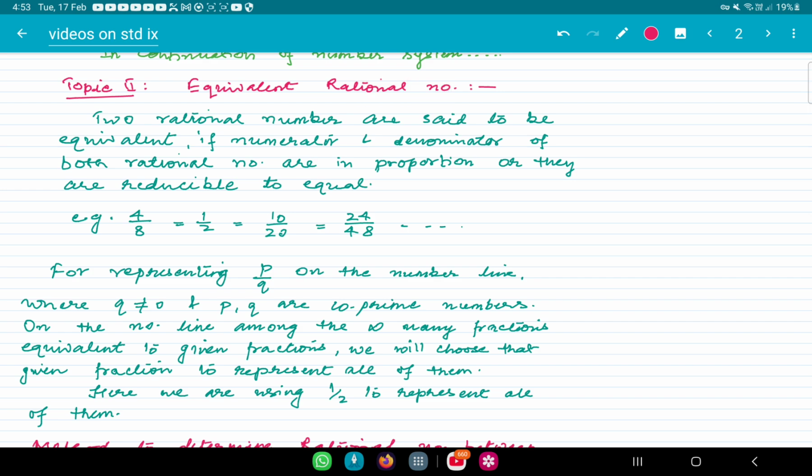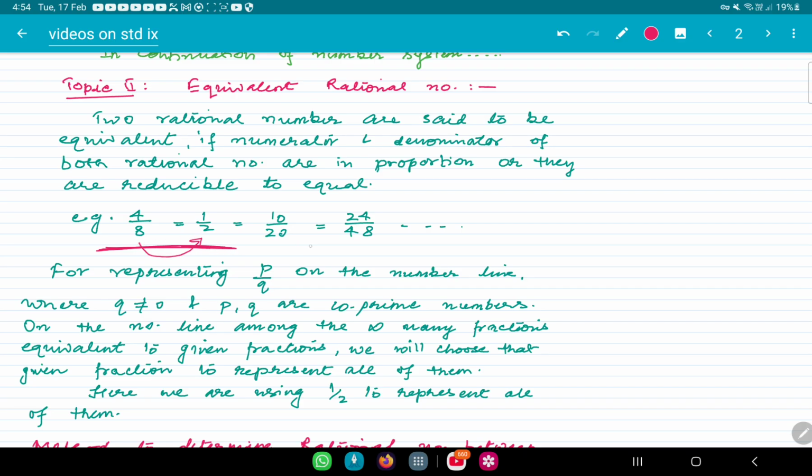Equivalent rational numbers means two rational numbers are said to be equivalent if the numerator and denominator of both rational numbers are in proportion. Here I am explaining with red color. You are seeing 4 upon 8. The simplified form of 4 upon 8 is 1 by 2.